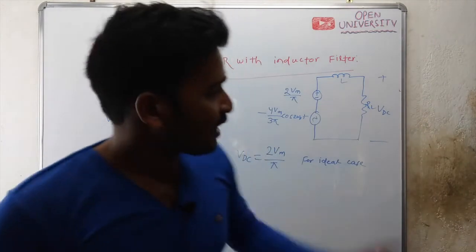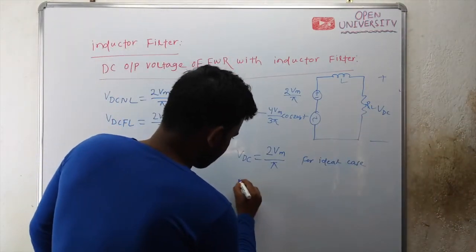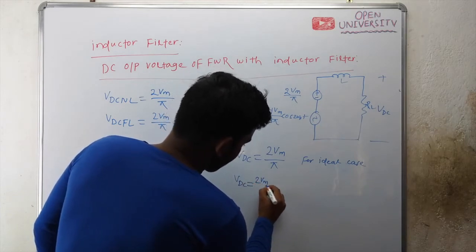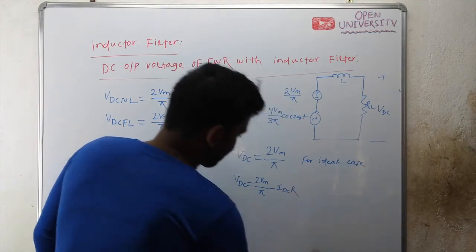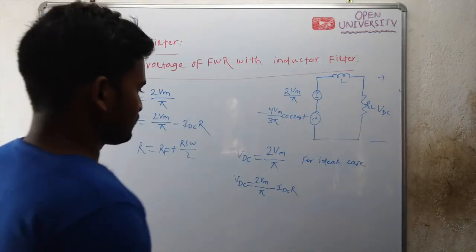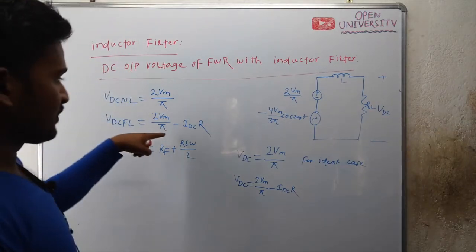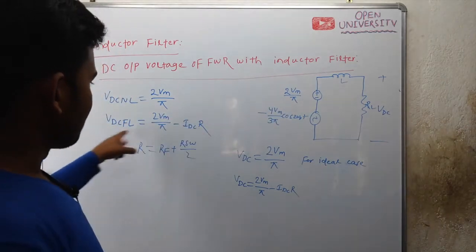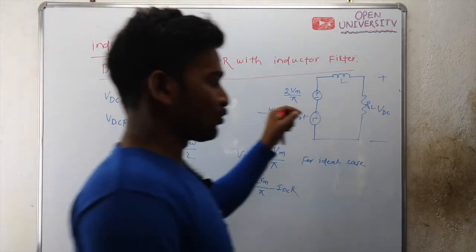And practically, how much DC will be obtained here? Practically, DC output voltage will be 2 Vm by pi minus IDC into R. This is the DC voltage when you connect load resistance.